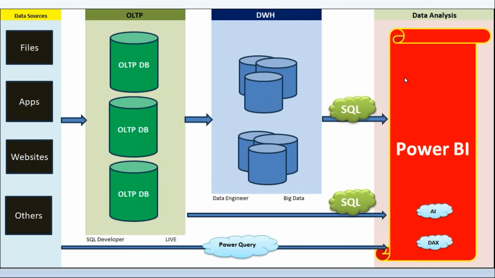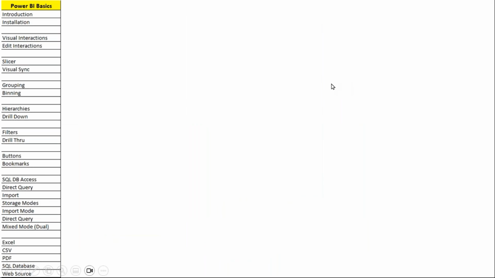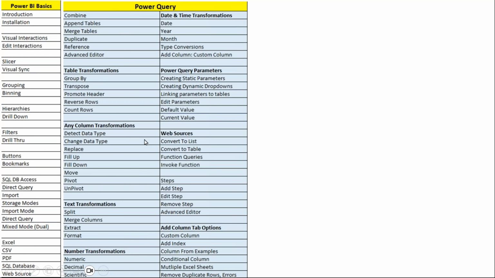So here it is. We need to learn the step-by-step process on Power Query, extract, transform, load, and DAX. So first we'll take all the basics, right from introduction, installation, understand good number of concepts and scenarios, the strong basement.